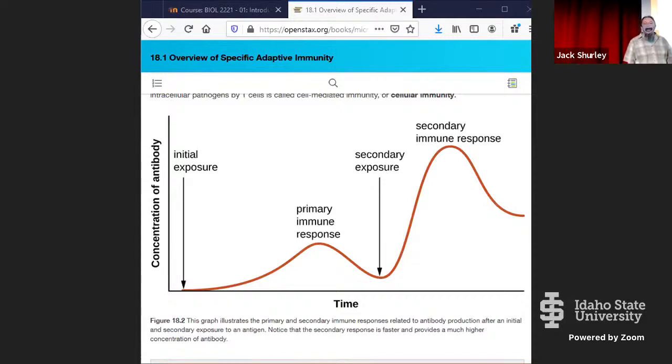So a cell recognizes this foreign invader, phagocytizes it, processes and presents those antigens on the MHC2s. So it's a mechanism for these cells to communicate with other cells and basically do a show and tell situation to say, look at what we found, right?